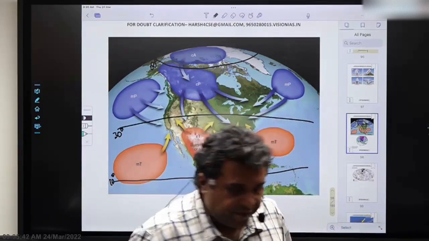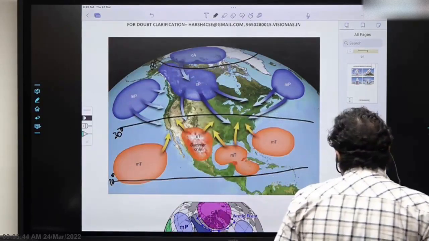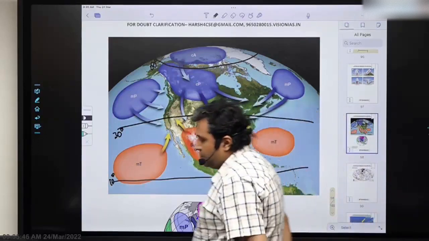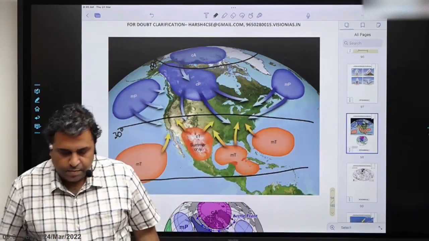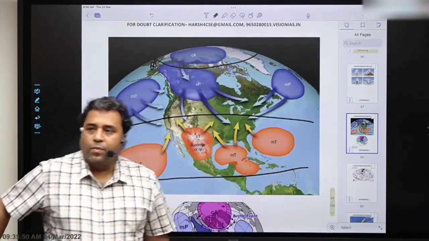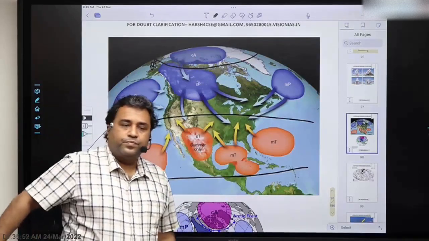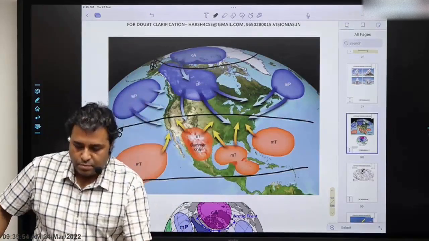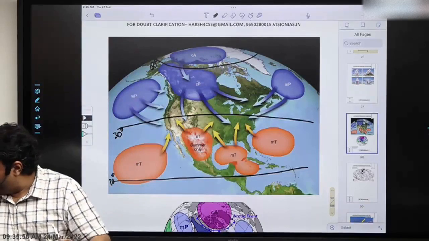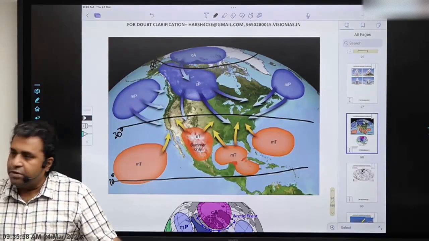Amount of rainfall. Very good. Amount of rainfall. ठीक है? So with this, air mass topic is over.